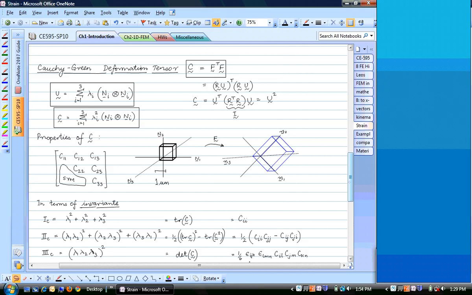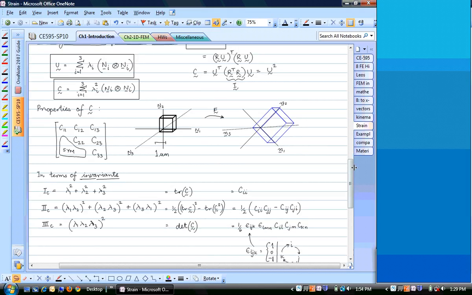That's why they are called invariants. They are invariant with respect to coordinate system. So one of the simplest invariants is actually the sum of the diagonal terms. If you take C11 plus C22 plus C33, that's the sum of the diagonal terms.